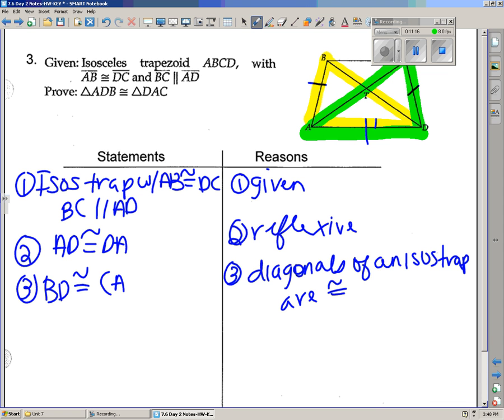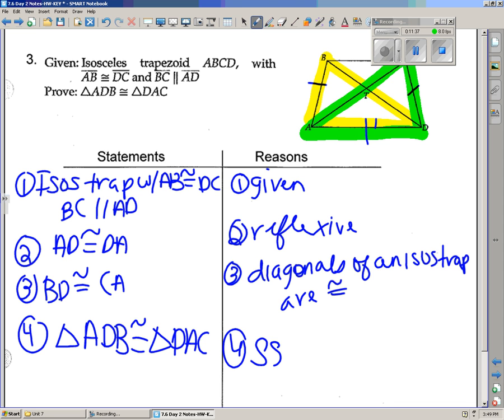And then you have the fact that those triangles are congruent by SSS. And again, this is not the only way to do this proof. You could probably have done SAS also, but let me just finish this real fast. Did I miss something? No. Okay, triangle ADB is congruent to triangle DAC because of SSS.